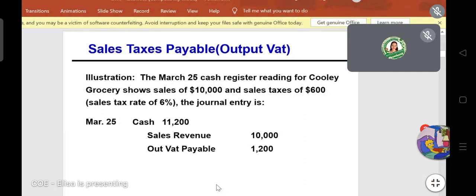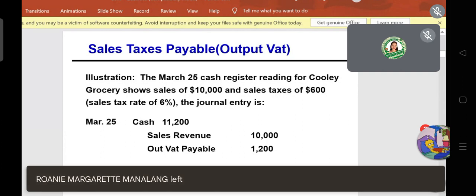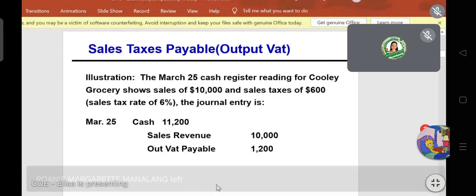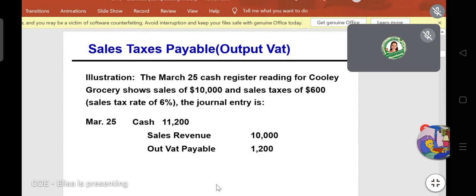But don't worry, I will not be asking such kind of question. I'm just mentioning it to you because later on that will have an impact on your feasibility study if you consider the VAT payables.